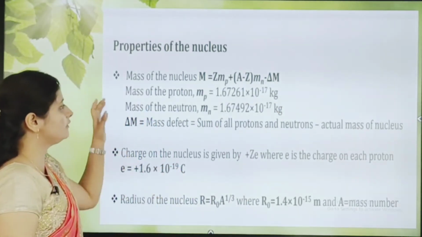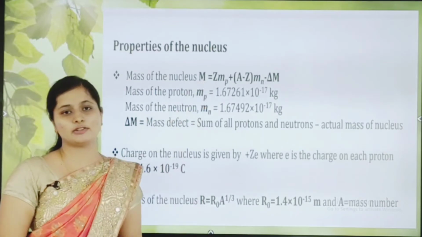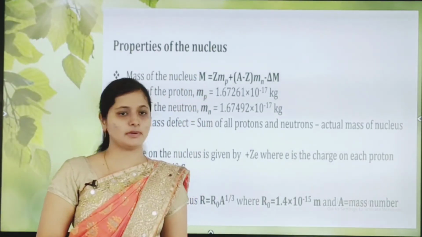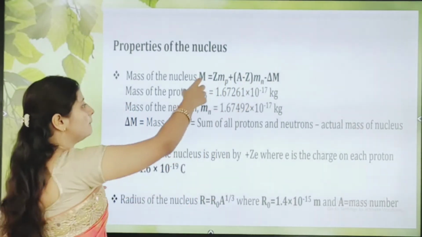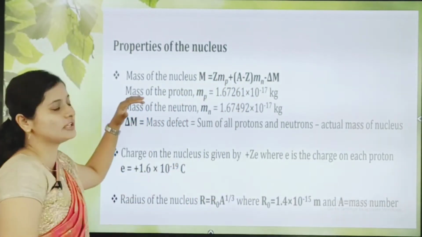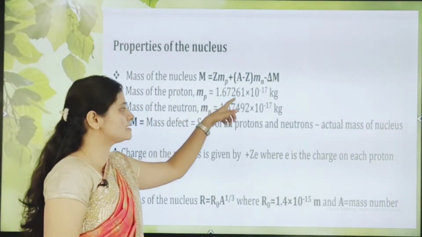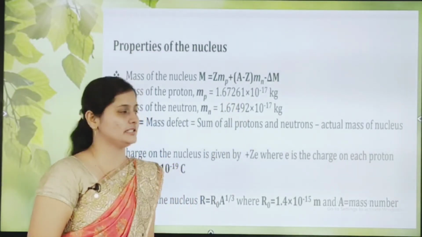Here capital M is the mass of the nucleus, Z is the atomic number, and A is the mass number. Mp is the mass of the proton, which is 1.67261 into 10 raised to minus 27 kg.